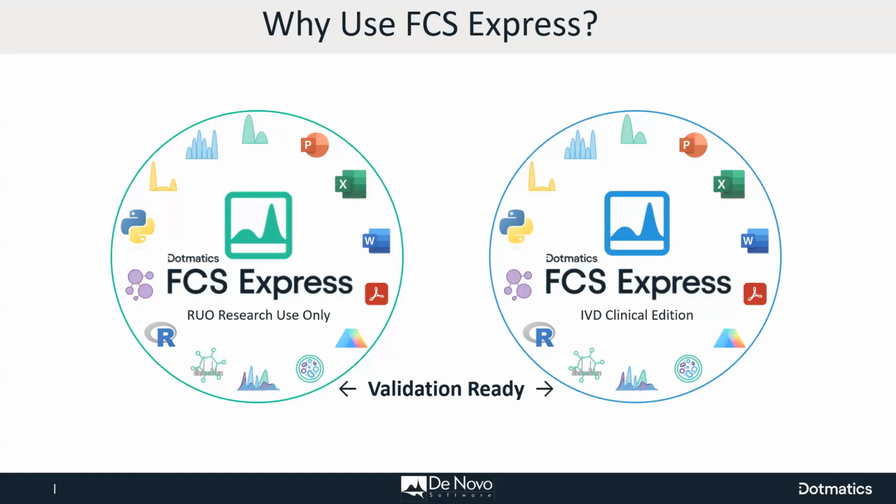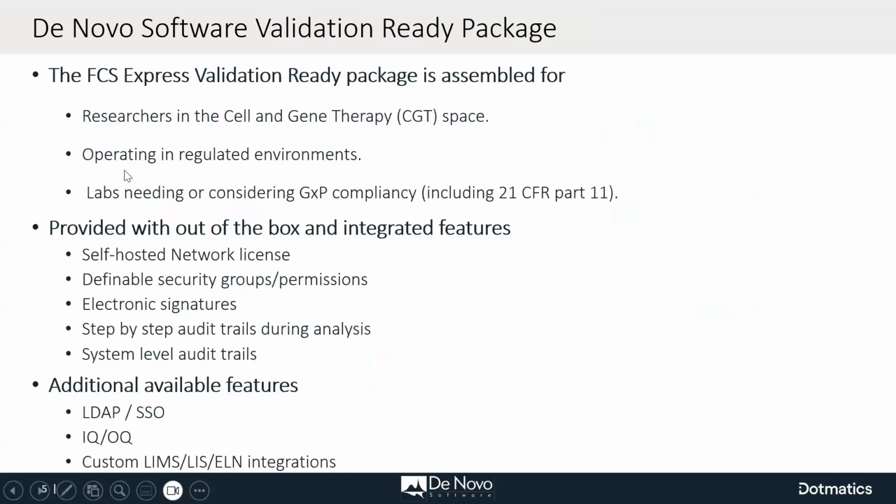Our RUO product can be used for anything. One of the really nice advantages of working with FCS Express is that if you're working in research and need to move things through to a quality regulated environment, up to a clinical edition for either patient diagnosis, clinical trials, or cell and gene therapy type work, FCS Express scales quickly and easily between all of those.